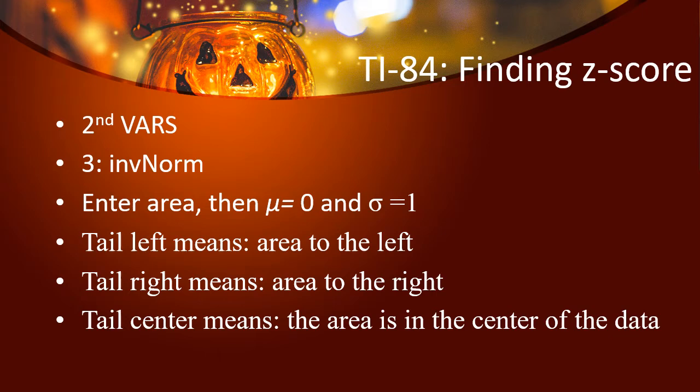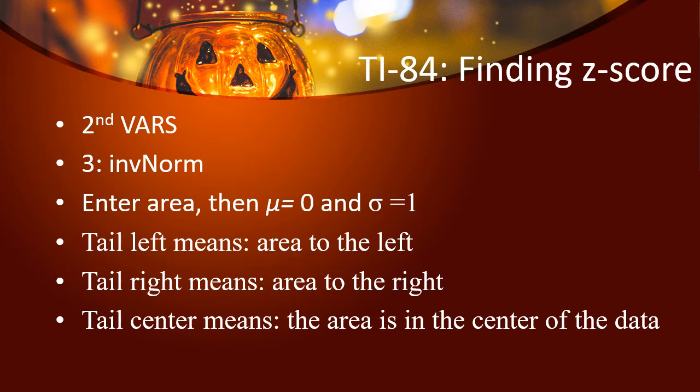So what we're going to talk about now is how you could use the calculator to find a z-score, and I'm going to be really honest about this. Mostly I use the table for this one, but essentially what we would do is go to 2nd VARS and go to what's called the inverse normal. Essentially, that means going inside the table and then going out.